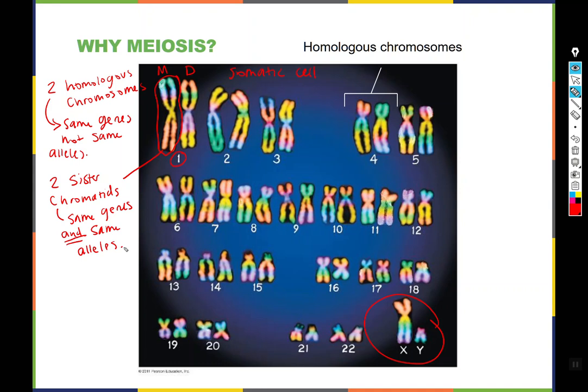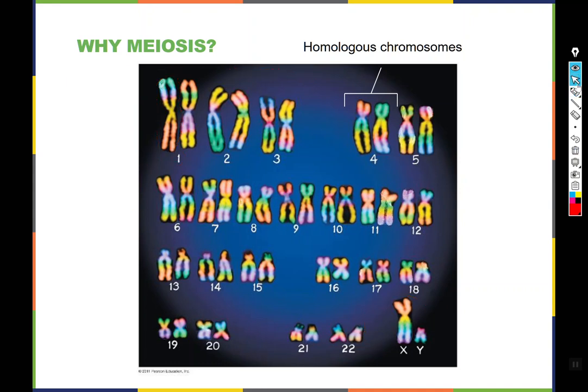So that should give you some context for what you're looking at when you see a karyotype like this. The DNA is duplicated. That's why the sister chromatids are present. And the chromosomes are homologous, so one from mom, one from dad. And within the homologous chromosomes, one chromosome is going to have the same genes as the other one, but not necessarily the same alleles. So let's move along, shall we?